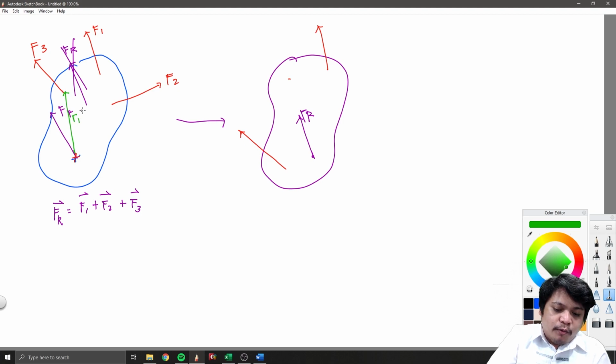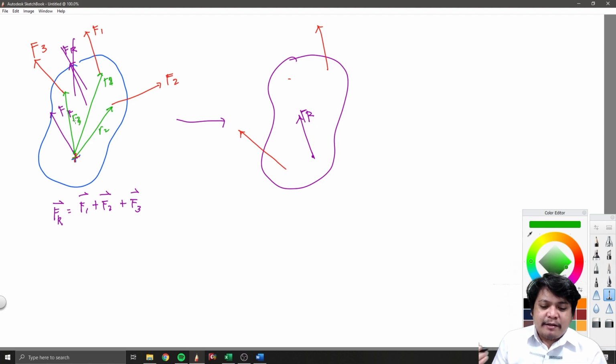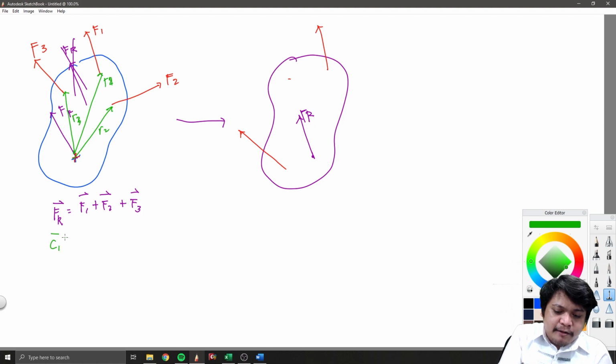So, meron akong R1, meron akong R2, and then meron akong R3. Location niya, no? So, di ba, pag ganon, nagkakaroon tayo ng moment. Moment due to 1, okay, that would become R1 cross product F1. And then moment due to 2, that would become R2 cross product F2.